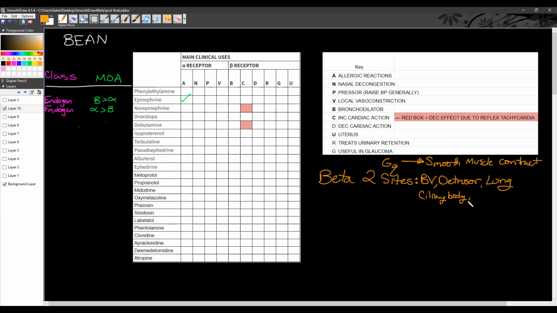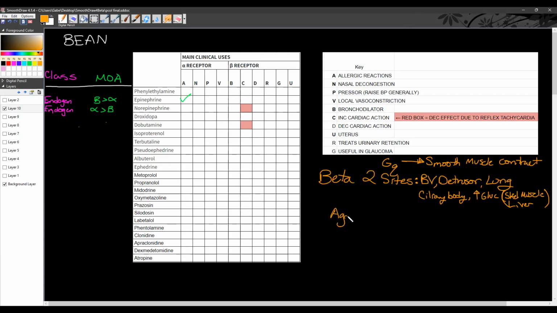And then finally, what about glucose? What tissues are affected that are about glucose when we talk about beta 2? Skeletal muscle? Yep. You're very close. Liver. Very good. Hepatocytes.